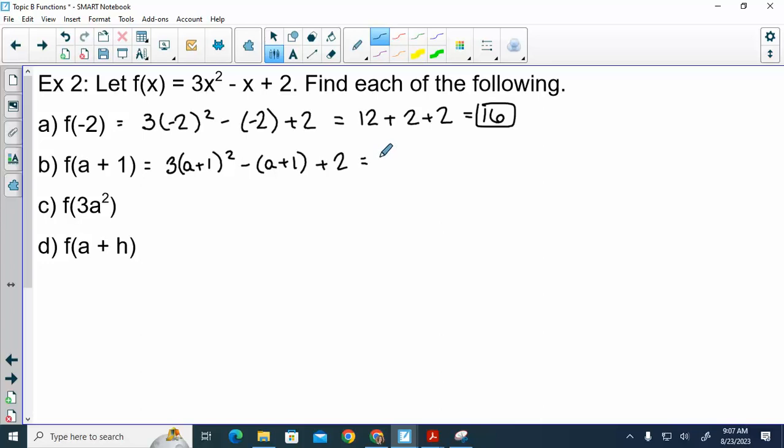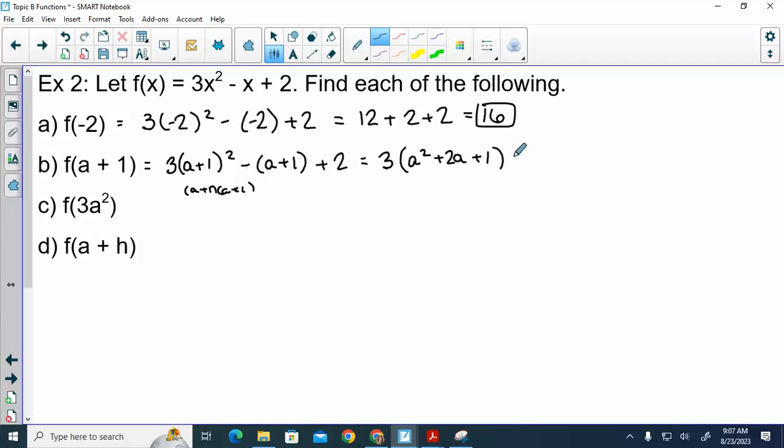Alright, so 3 times a plus 1 squared. What does that mean? Yeah. It's like saying you have a plus 1 twice, so we have to FOIL that. So you get a squared plus a, so plus 2a plus 1.